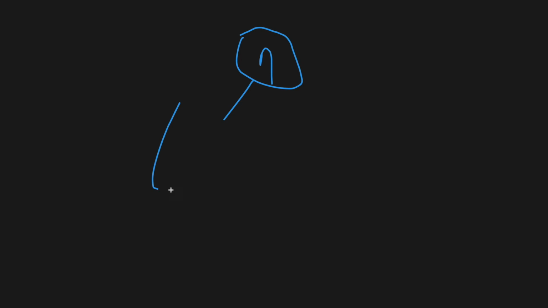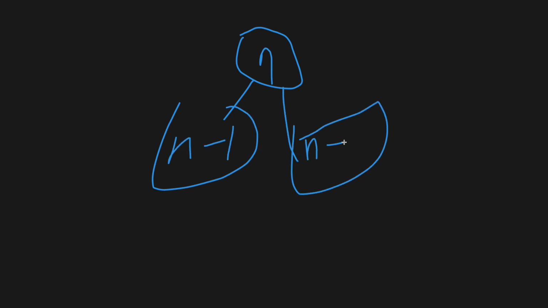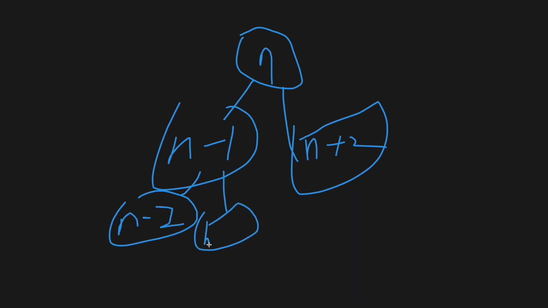Instinctively, we will think of the Fibonacci sequence because it just matches so much, n-1 and n-2. However, the problem with this sequence is that the time complexity will be too much because there will be a lot of repetition in this whole sequence.